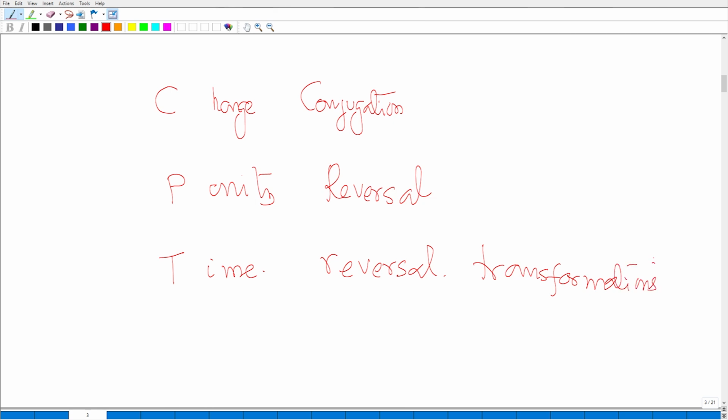So, how are these symmetry operations defined? They are defined in the following way.